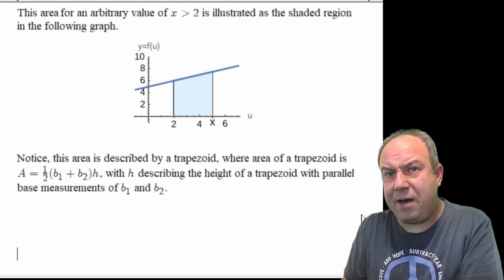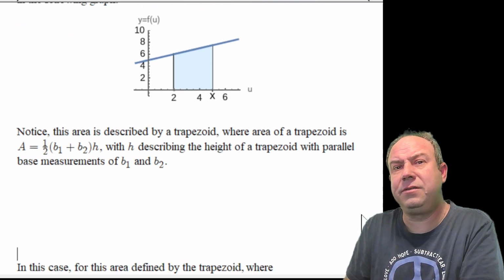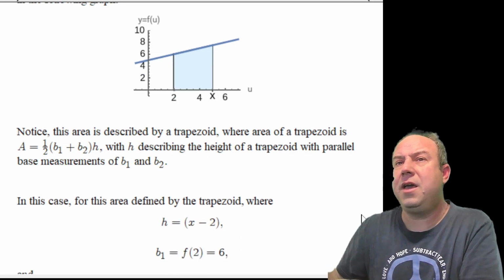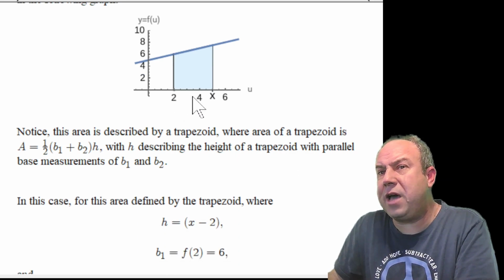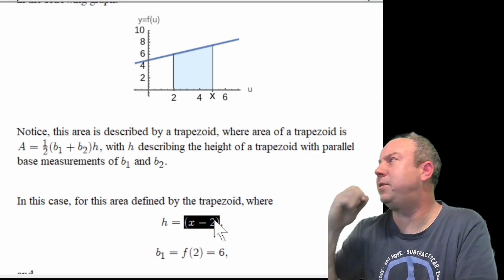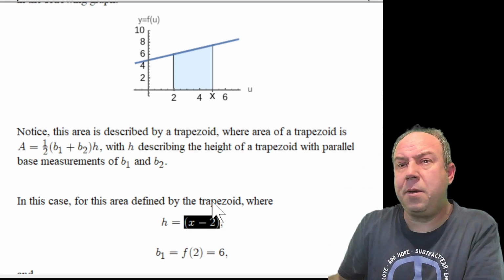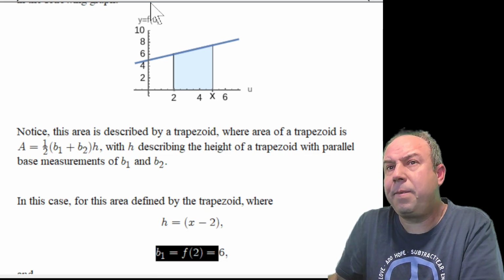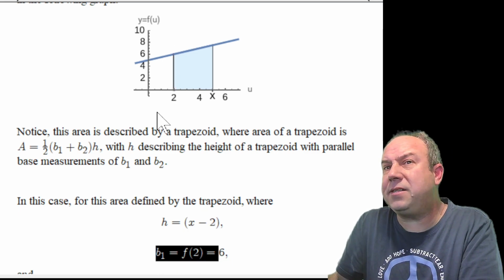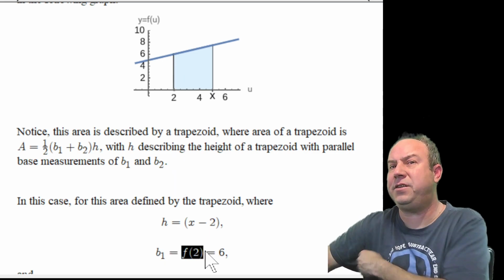And if we set that up in this situation, h, the distance from 2 to x, is going to be x minus 2. b sub 1, this first base that's occurring at 2, is going to have a length determined by function f at 2.